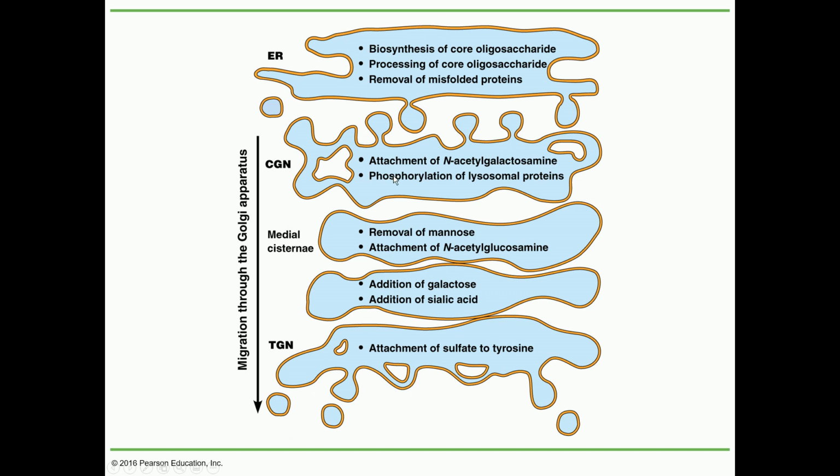In the CGN, attachment of N-acetyl galactosamine takes place, then phosphorylation of some lysosomal proteins. We will talk about that. In the medial cisternae, there is removal of mannose, attachment of N-acetyl glucosamine, addition of galactose, and addition of sialic acid. All these things are part of glycosylation. And attachment of sulfate to tyrosine takes place too. So these are some of the events which take place in the different cisternae of the Golgi.